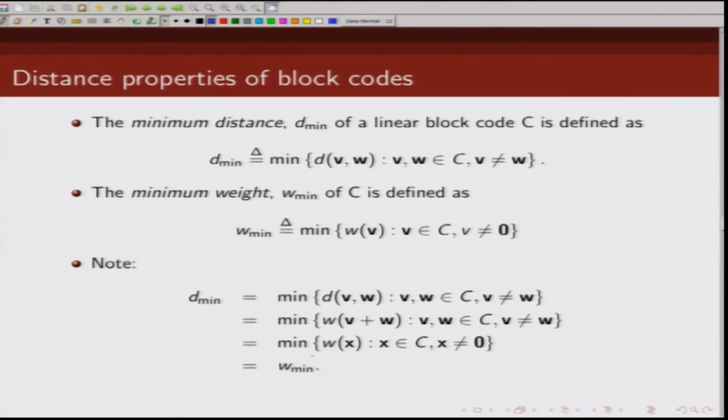In other words, this is nothing but the minimum weight of linear block code C. So, the minimum distance of a linear block code is equal to the minimum weight of a non-zero code word belonging to C.